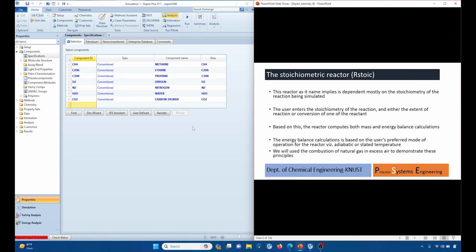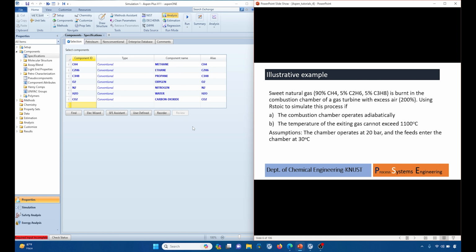It's a mass and energy balance reactor, and for its energy balance calculations, it requires a specification of the operating conditions, whether the reactor is being operated adiabatically, isothermally, or not. Based on this, it's able to perform the required calculations for the process.